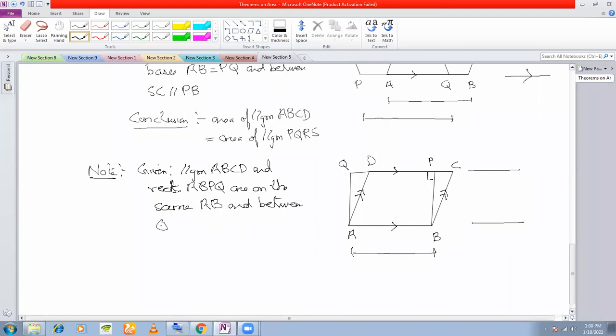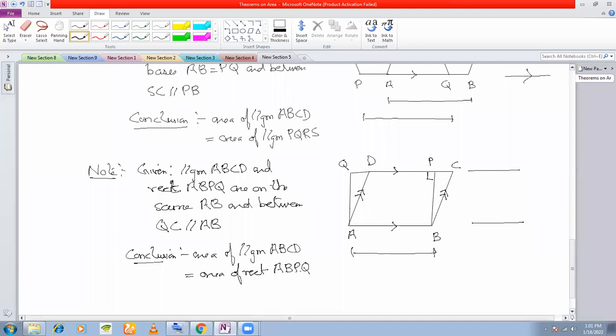Between which parallel lines? QC parallel to AB. Then what can I say? My conclusion will be that area of parallelogram ABCD must be equal to area of rectangle ABPQ.